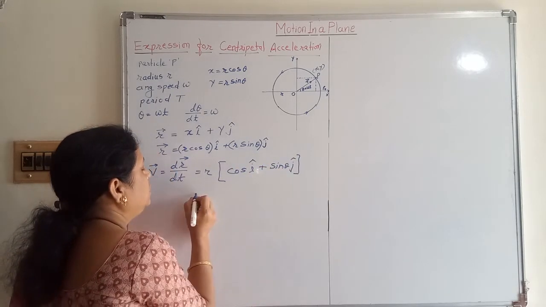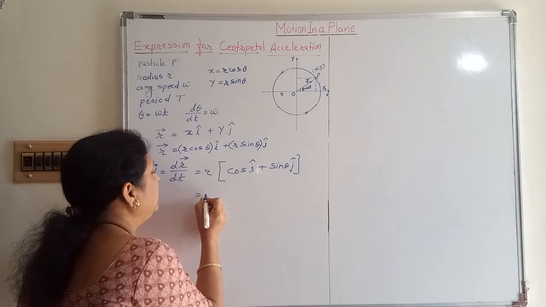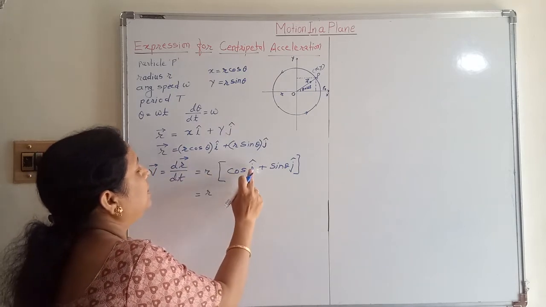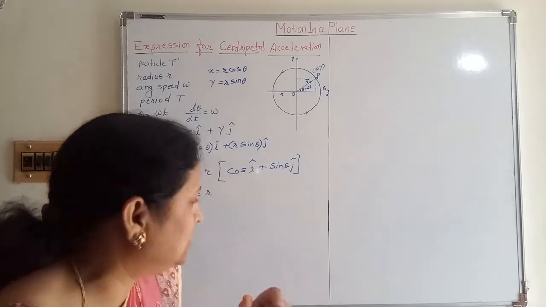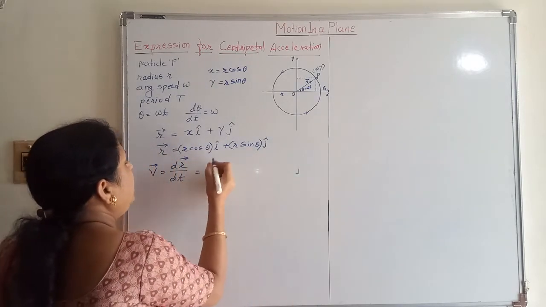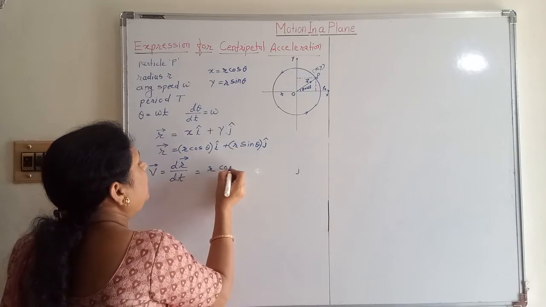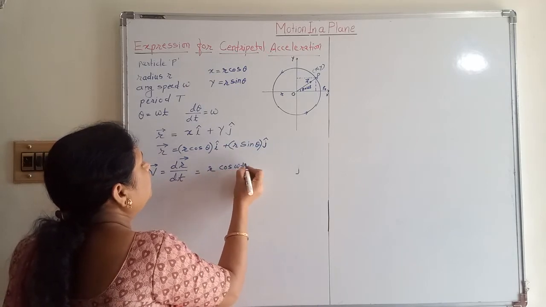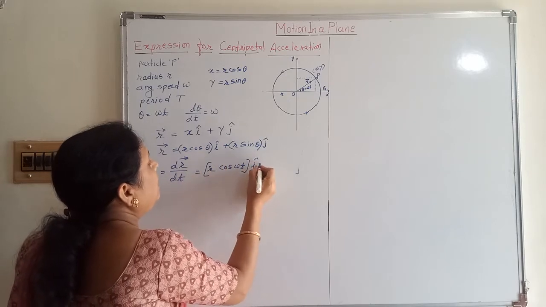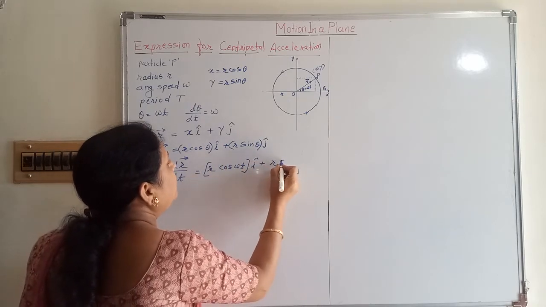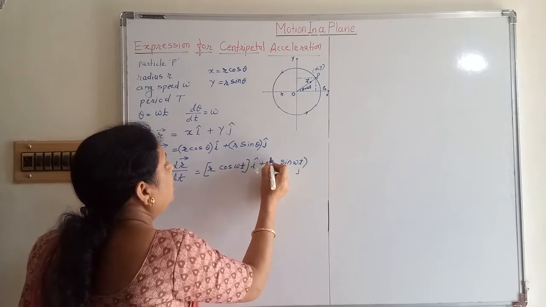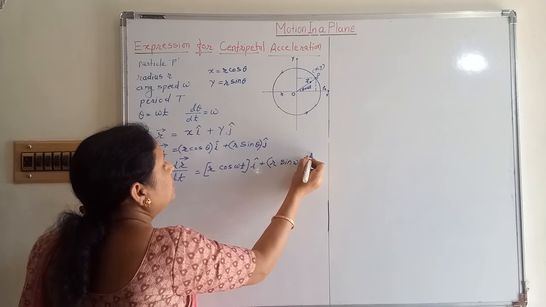First we put the value of theta here, and we write r cos omega t into unit vector i plus r sin omega t into unit vector j.